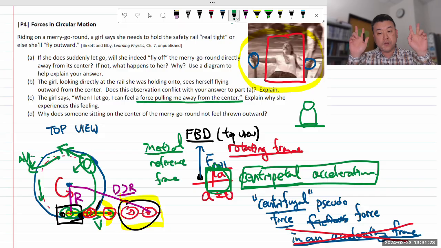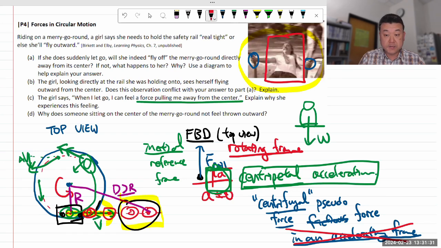The way we feel gravity is we are not actually feeling the weight that's pulling us down, what we are feeling is coming from the normal force. There is a contact force pushing us up in a lot of circumstances that's equal to the weight. And that contact force is pushing our feet up.